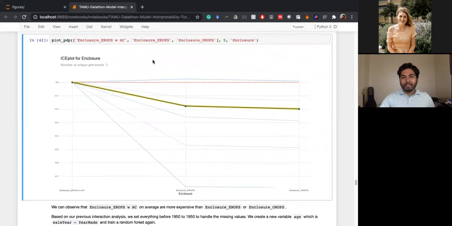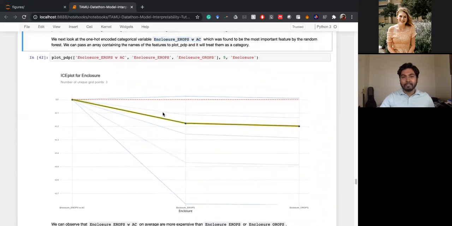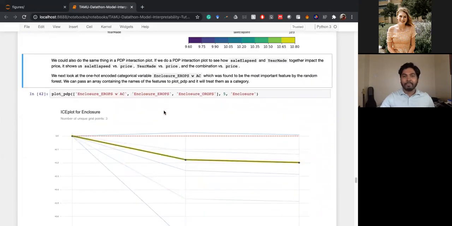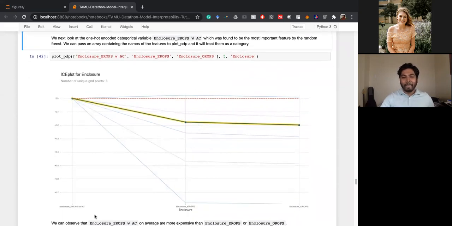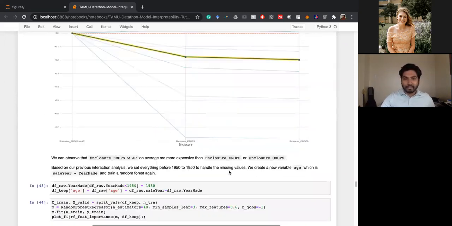This data set is on bulldozers, so this variable says that the bulldozer has an enclosure that supports air conditioning. That's why you see a higher price for these bulldozers which have air conditioning, and the ones without air conditioning and the ones with open top have a lower price.